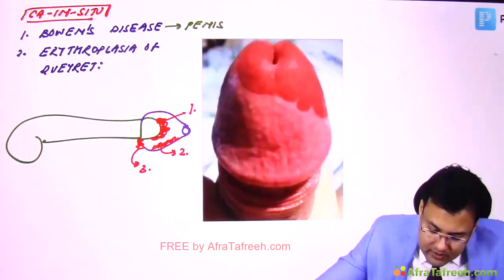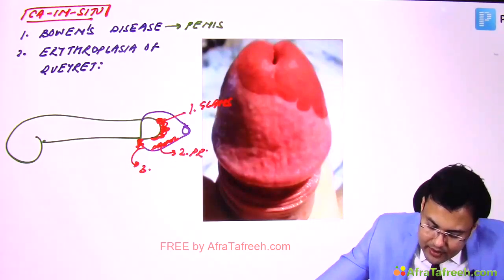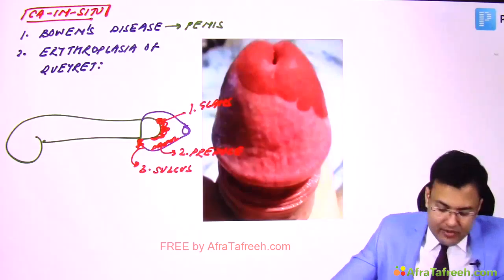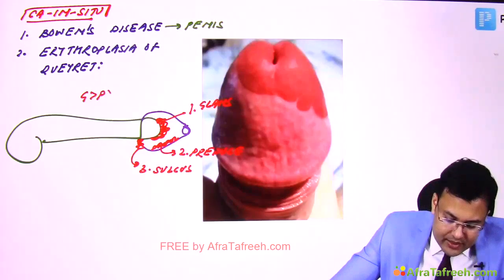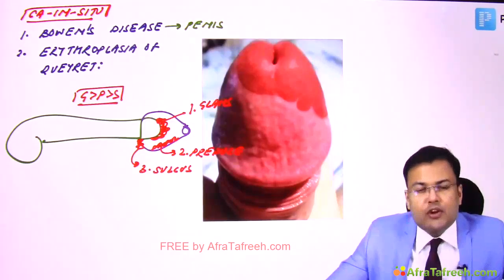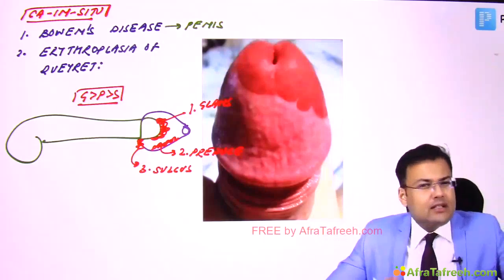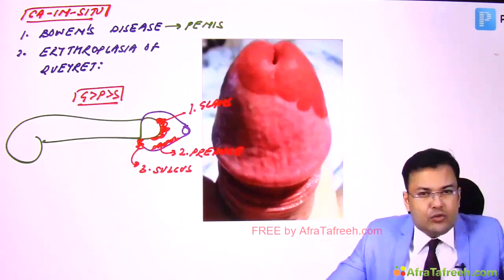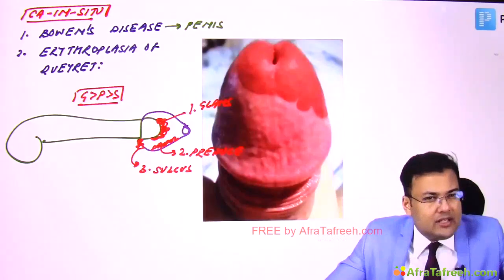So it is glans, followed by prepuce, followed by sulcus. Clear? It's very easy to remember, and the mnemonic is GPS: Glans, followed by prepuce, followed by sulcus, right? We discussed that the malignancy is common in low socioeconomic status, age 6th decade.